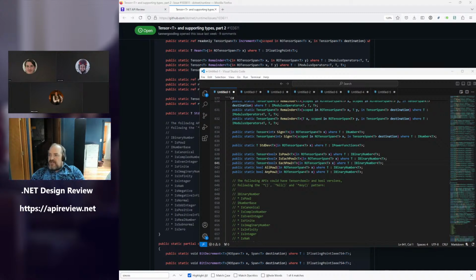I'm looking to see if we have any functions that are all followed by something. I see get alls, but what if we did all is POW2 and any is POW2?